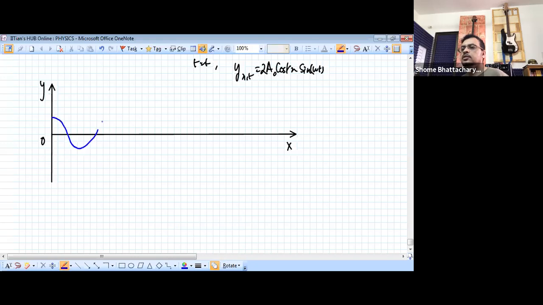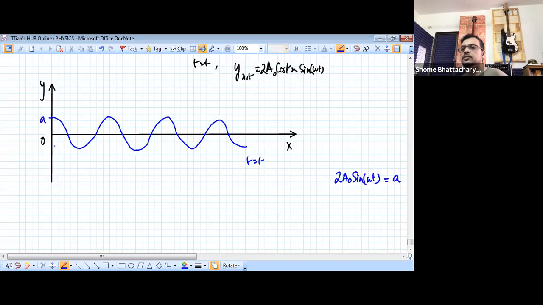This is at some time t, where you can see that whatever this amplitude will be, that value is the mod of 2a naught sine omega t.